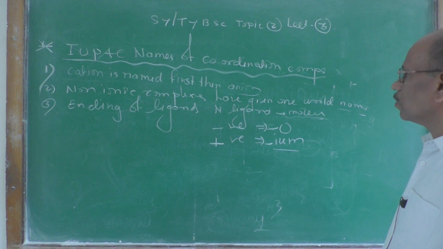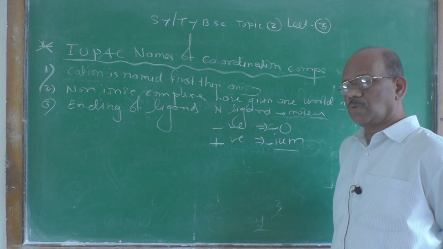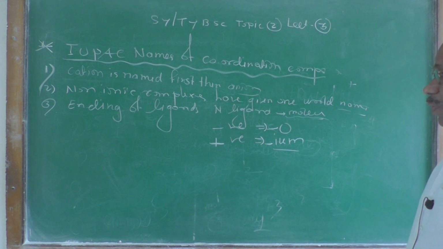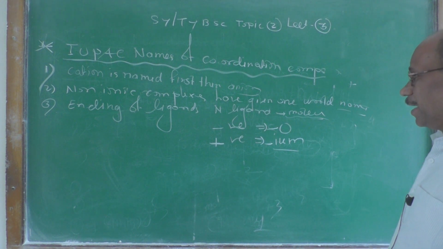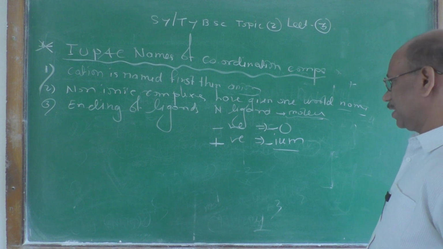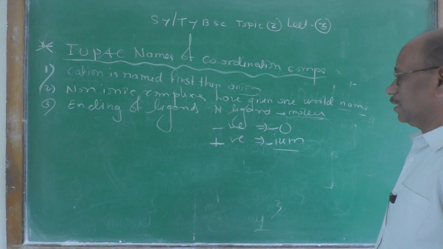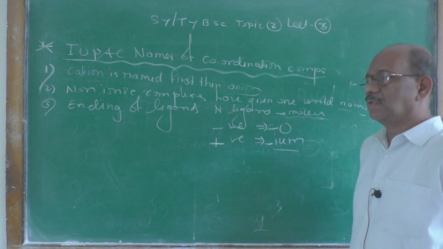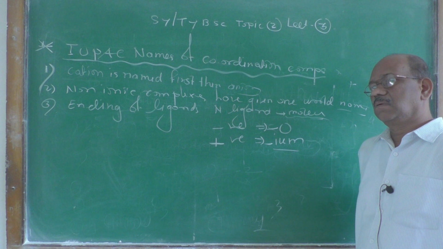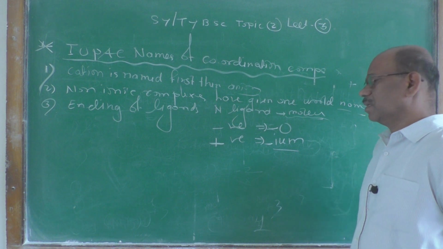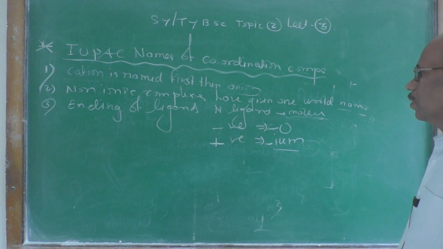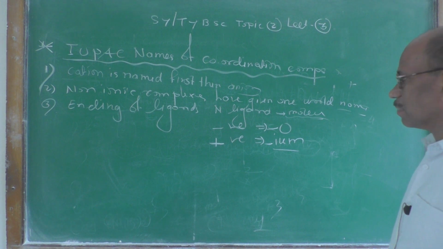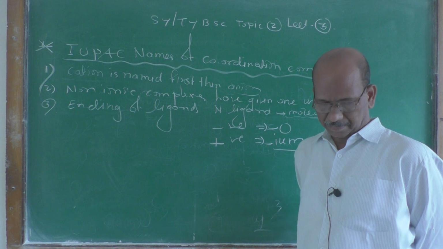So here generally a specific ending is used for the ligand. It is the rule number 3. Neutral ligand is named as the molecule itself with some exceptions. Negative ligand ends with O and positive ligand ends with the suffix ium.